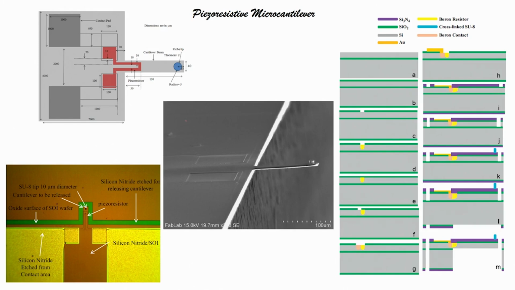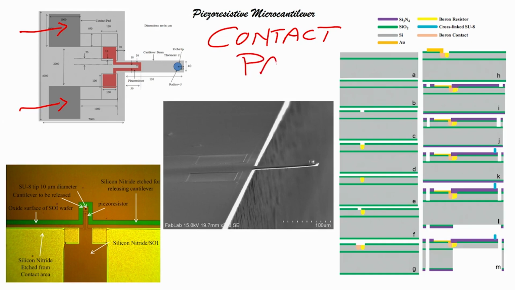The output that we can take is using the contacts. You can see here there is one contact, there is a second contact. These are called contact pads. Using these contact pads, we can measure the value of the resistor.